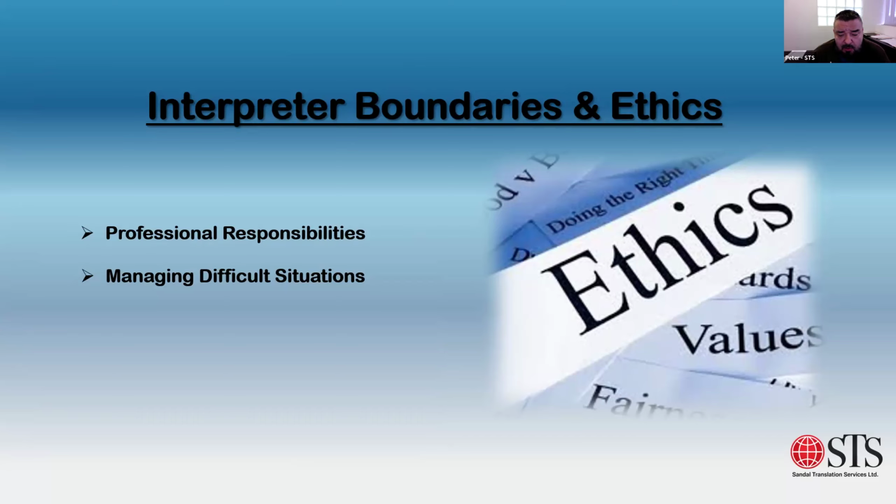And it pretty much applies to the whole process. Before the session, you're receiving information from us already in your confirmation: the names, the claim numbers, the case numbers, sometimes topics of the appointments, what's going to happen. We prepare you for that, and you have to keep confidentiality at that point already.